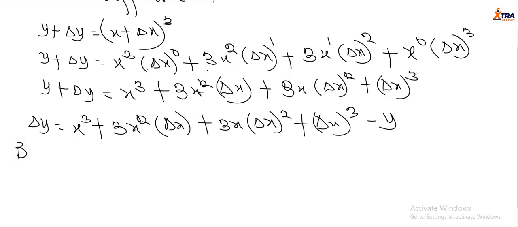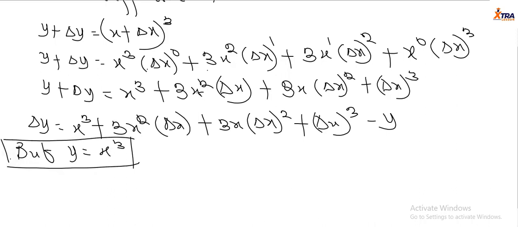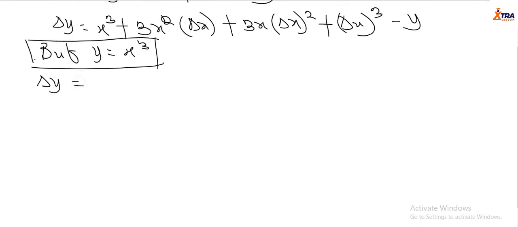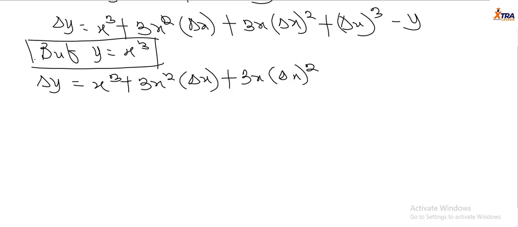But y is x to the power 3, which is what is given. So now I substitute that. We have delta y equals x to the power 3 plus 3x squared delta x plus 3x delta x all squared plus delta x all to the power 3 minus x to the power 3.